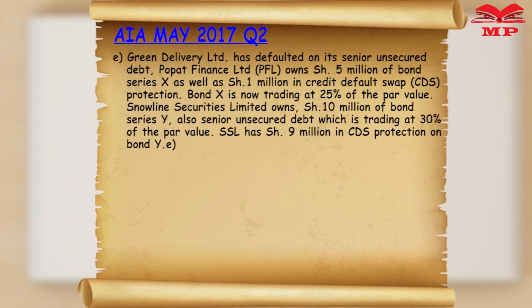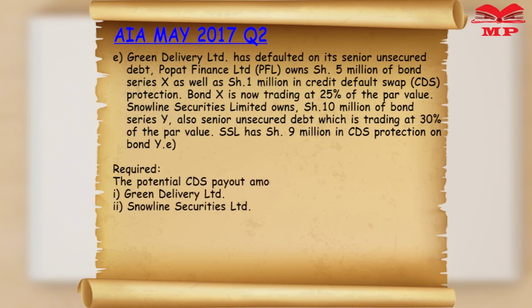Bond X is now trading at 25% of the par value. Snowline Securities Limited, SSL, owns 10 million of bond Series Y, also senior unsecured debt, which is trading at 30% of the par value. SSL has 9 million in CDS protection on bond Y. Required: the potential CDS payout amounts to Green Delivery Limited and Snowline Securities Limited.